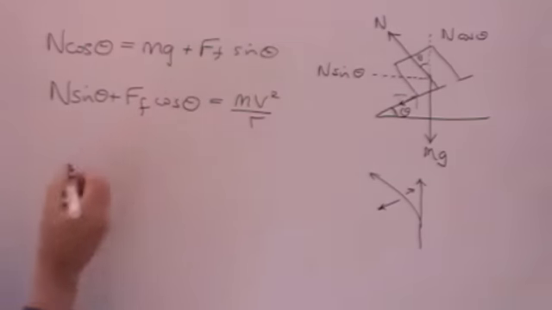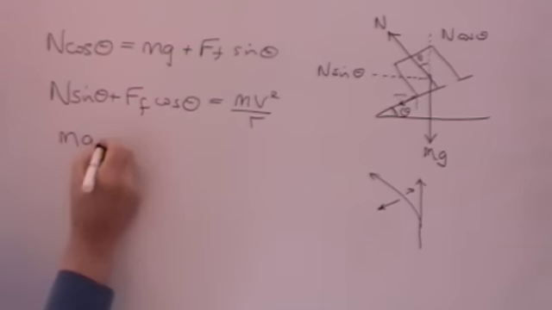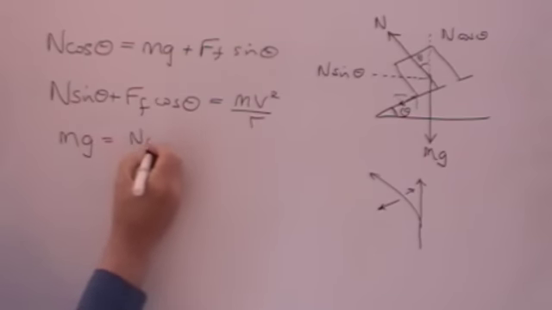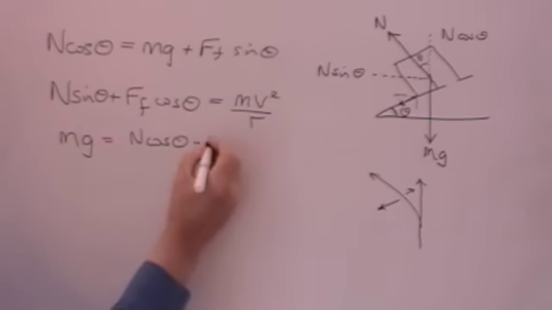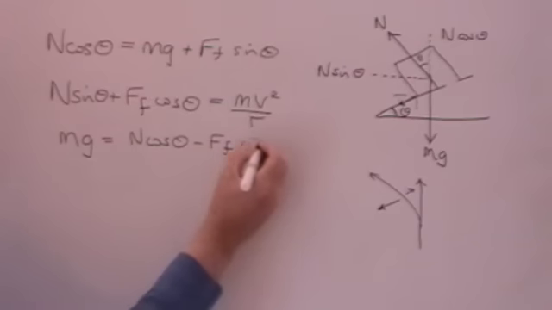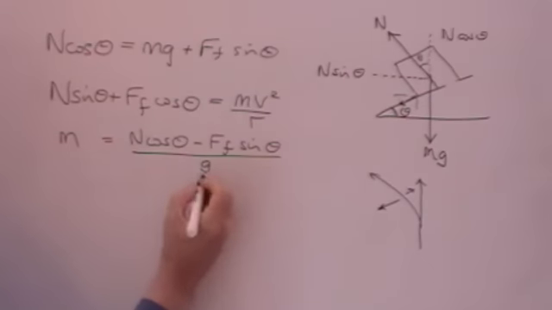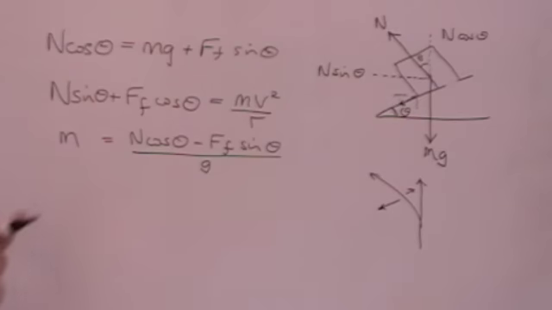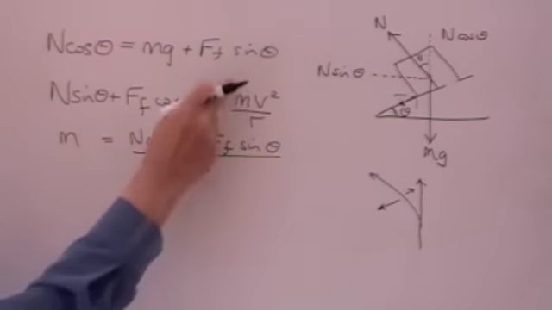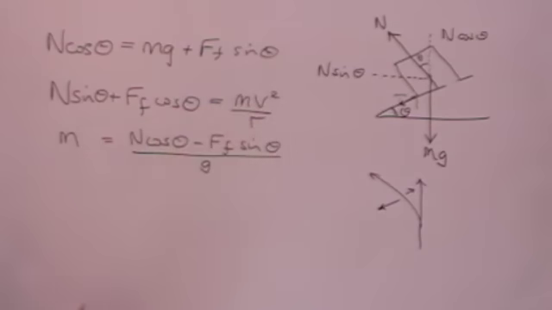I'm just going to rewrite this formula to say that mg is equal to N cosine theta minus Ff sine theta. And that means that if I divide both sides by g, I get something for m. That's the mass.